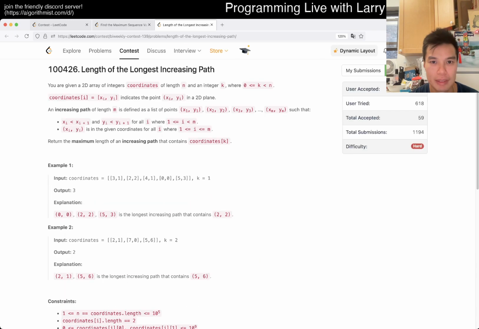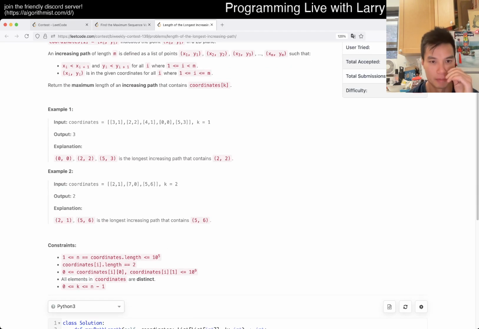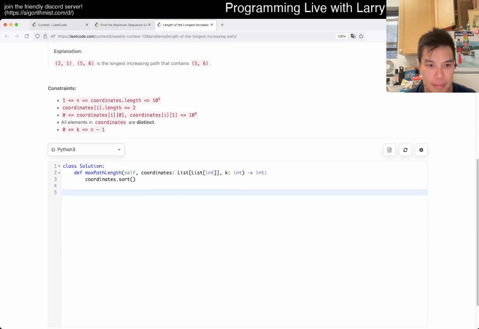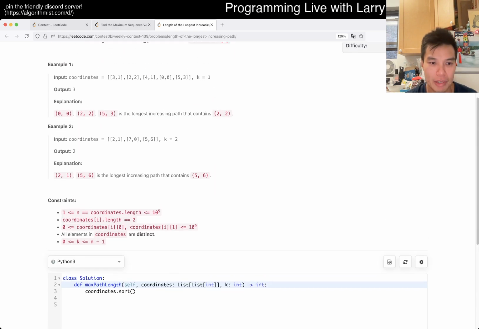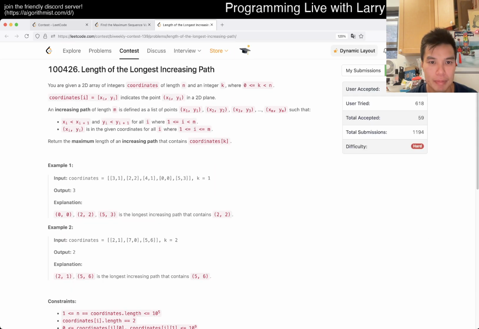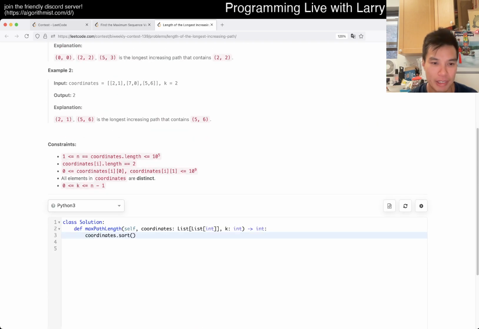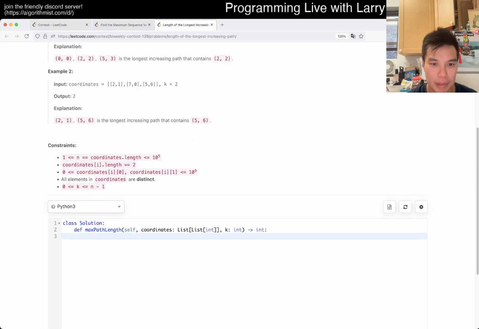What is K? Oh, it has to contain this thing. Huh, that's interesting actually. Well, we can't sort it yet. But, oh wait, also we can't sort it at all. I'm just being dumb, but okay.